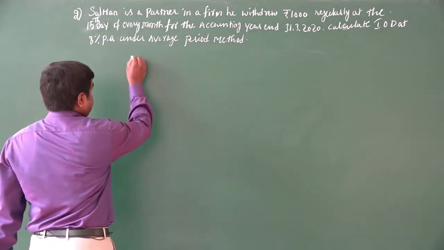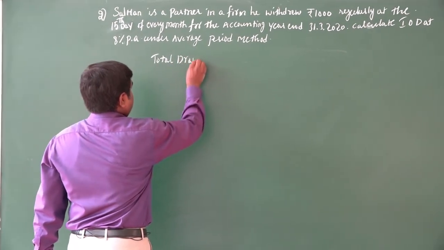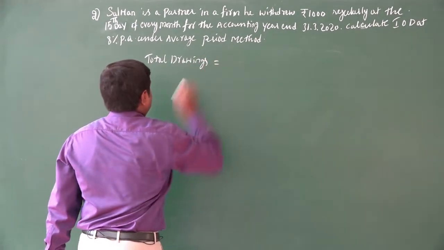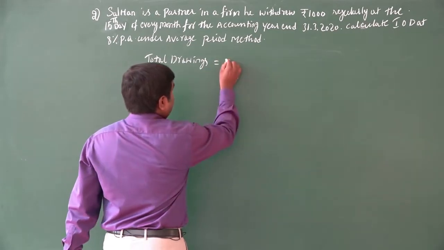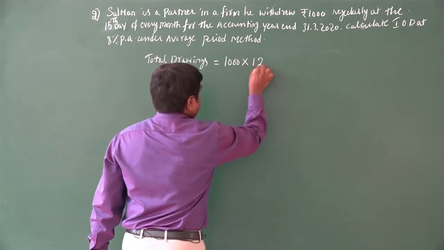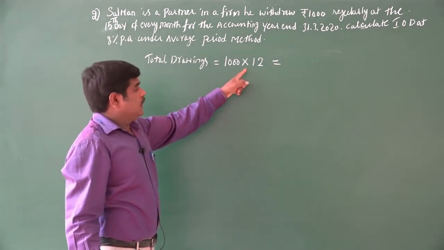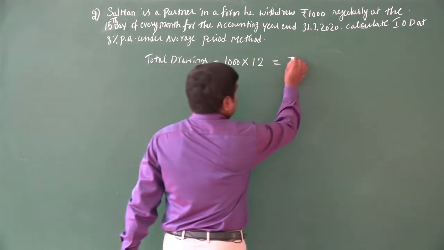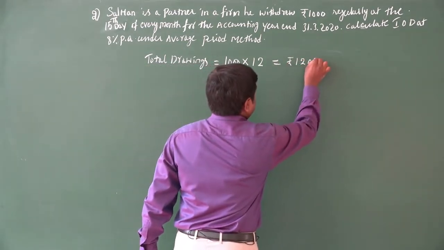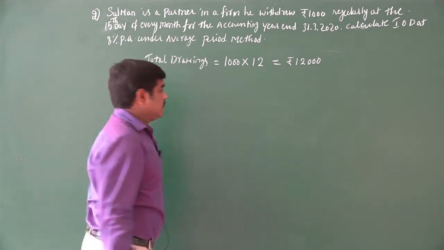First, calculate total drawings: 1,000 monthly into 12 months, so 12,000 rupees is the total drawings in a year.